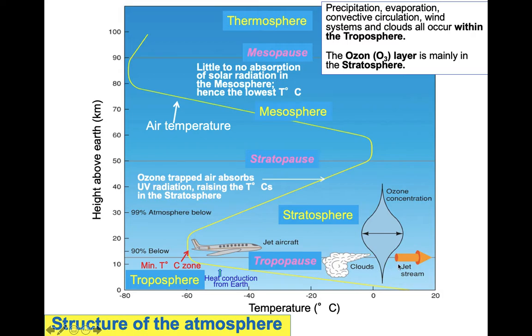And the jet stream is located near the boundary of the troposphere against the stratosphere. And the ozone layer, as we said earlier, is in the stratosphere.